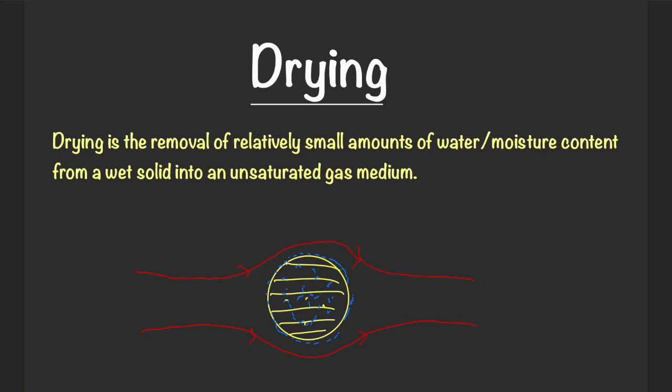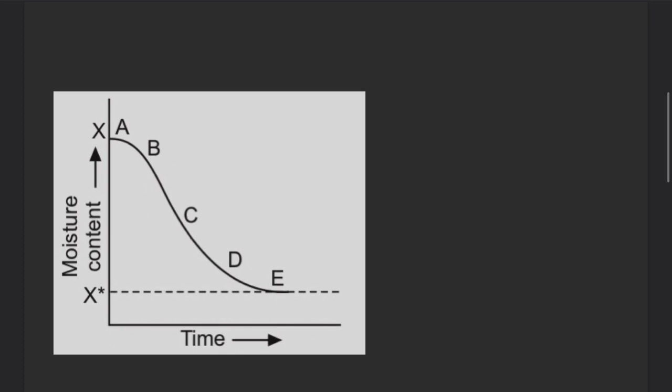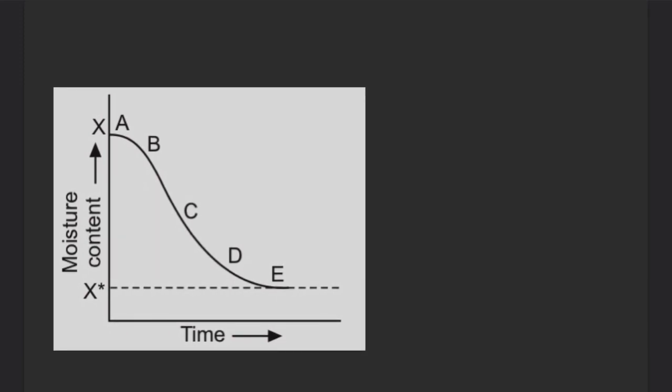Now coming to different drying curves, the first and one of the easiest is the moisture content versus time graph. It is common that when time is 0, moisture content will be at maximum, and as time goes on increasing, the moisture content will gradually decrease.